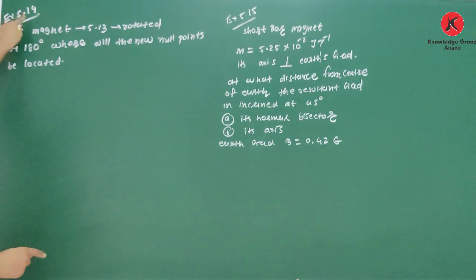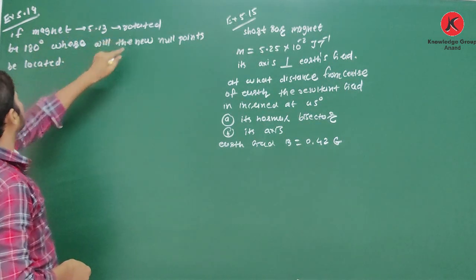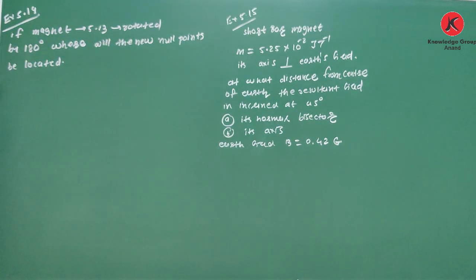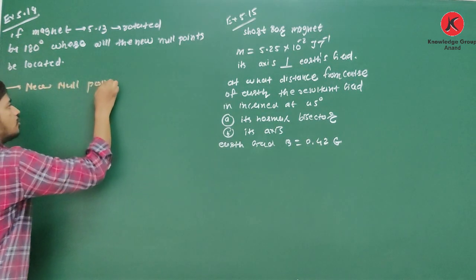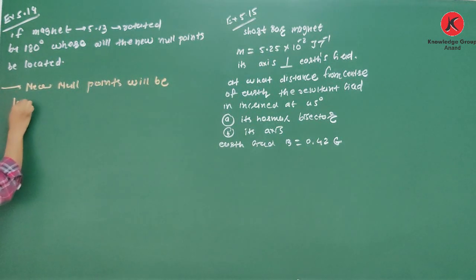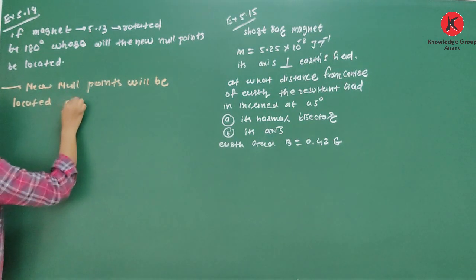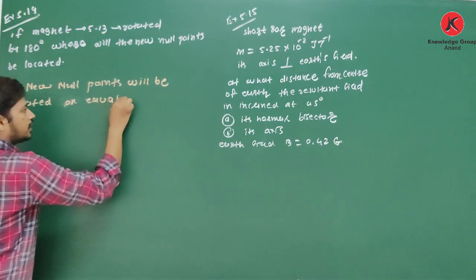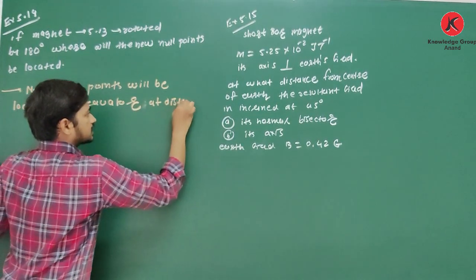Now, what is 5.14? See, we have solved 5.13. If the magnet in 5.13 is rotated by 180 degrees, where will the new null points be located? Yes, we know. The new null points will be located on the equator, let us say at distance r.